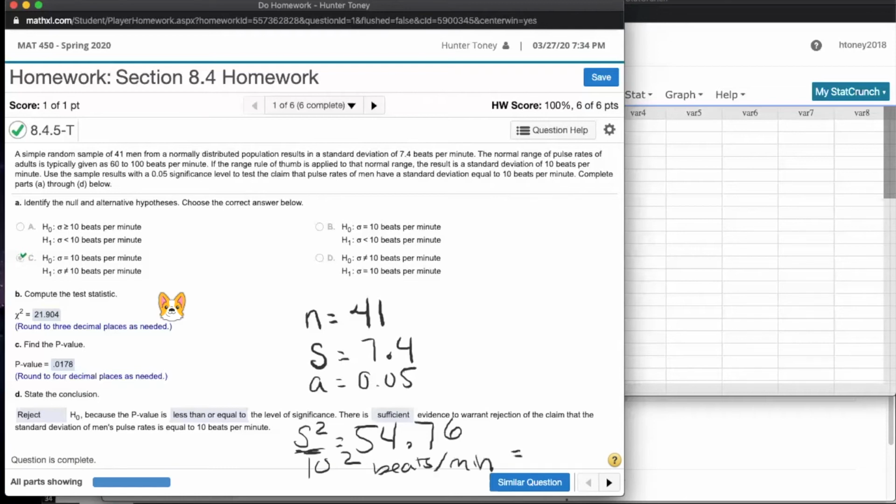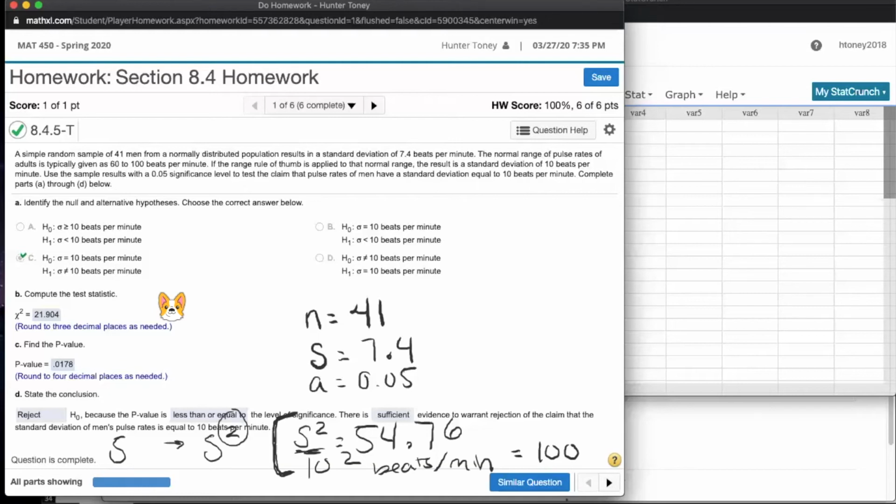And 10 squared is just 100. So when we're plugging in, we're going to be using 100 as our hypotheses, and that's just because when we're dealing with a variance, remember the relationship between a standard deviation and a variance is just this square.